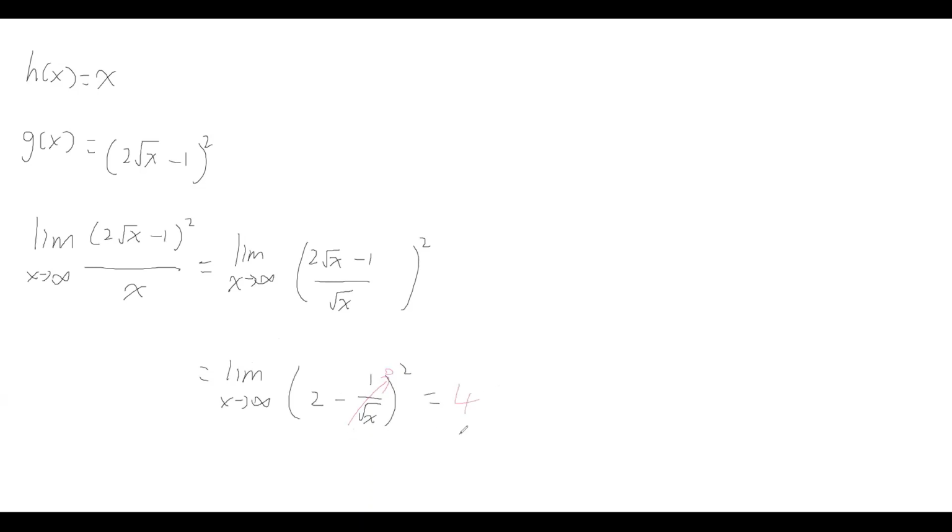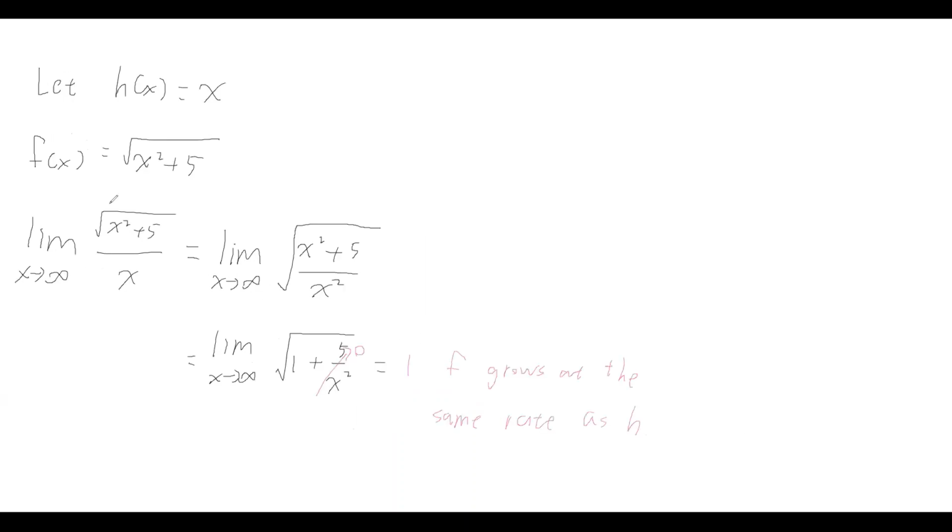Now, you might notice this is a 4, and earlier we have a 1 when we compare f with h. Now it doesn't matter, as long as they are a positive constant, we can say that they grow at the same rate.